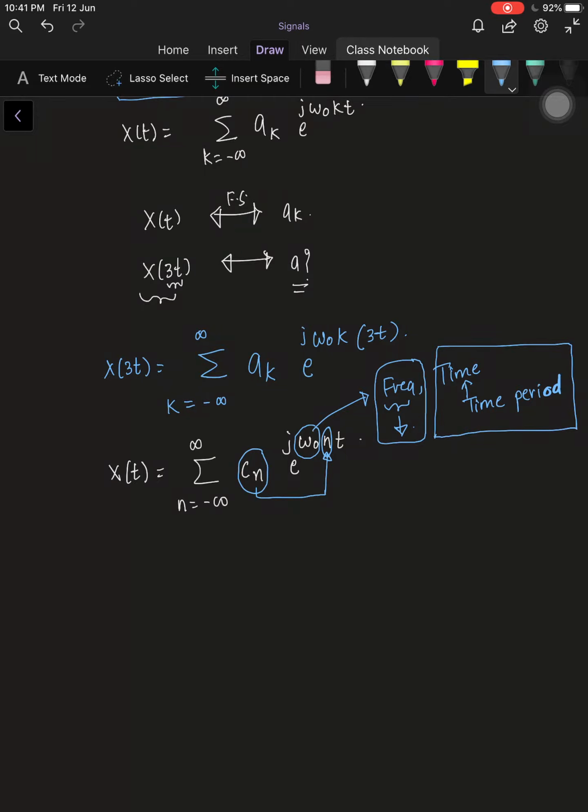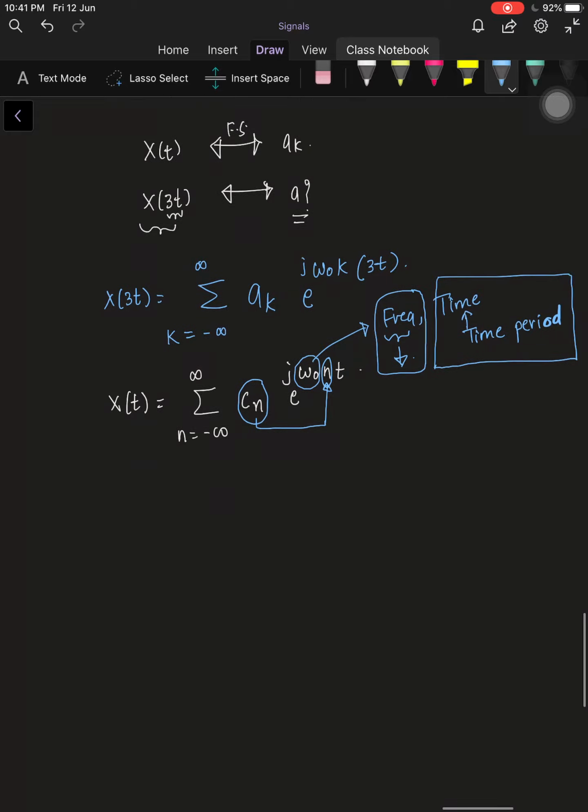So suppose we take a signal x of t having two Fourier coefficients: c1 e power j omega naught into 1 into t, and c2 e power j omega naught into 2 into t.